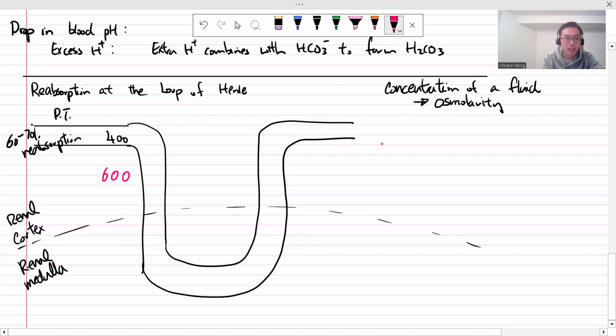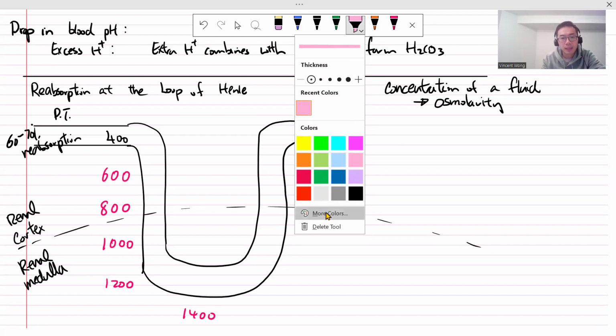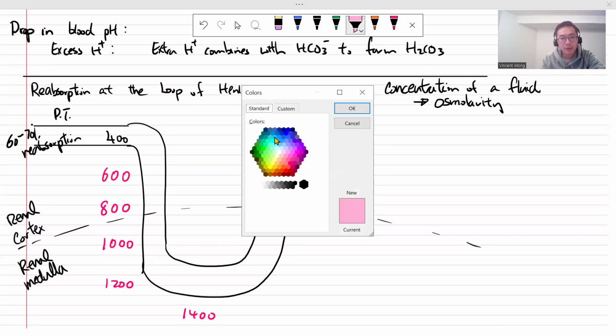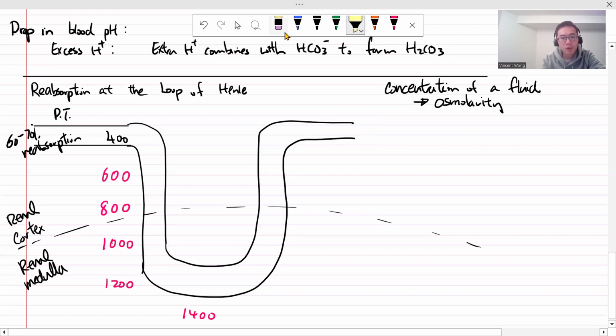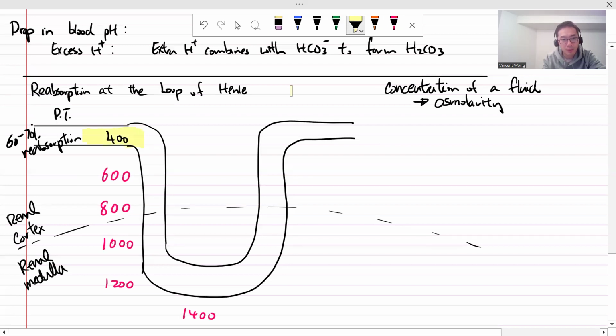Okay, so 600, and then it gets more concentrated the deeper we go, right? 1,000, 1,200, and maybe 1,400. So right now the filtrate, which is what's going to become the urine, I keep on telling you that it's kind of diluted at this point. It's just about 400.